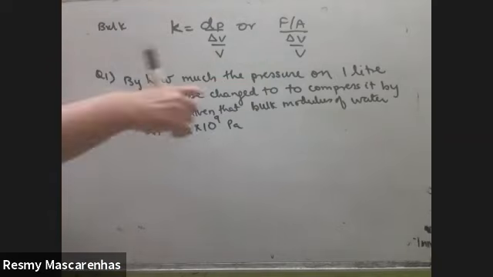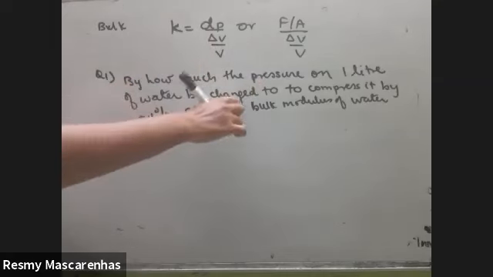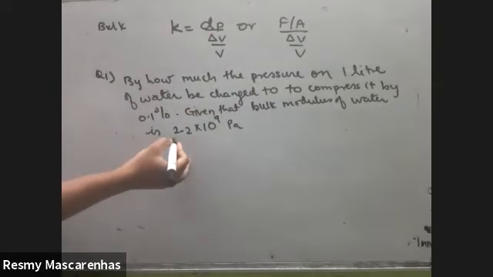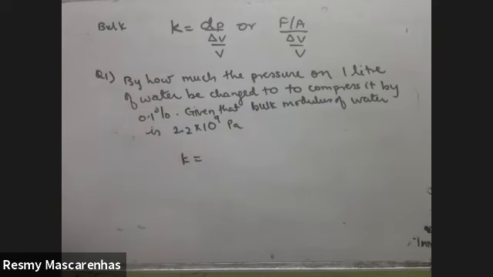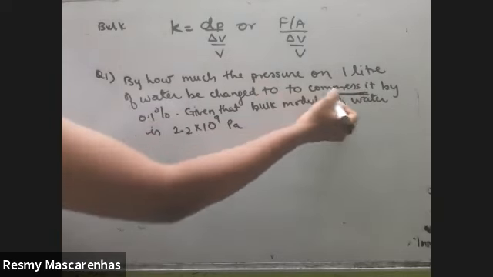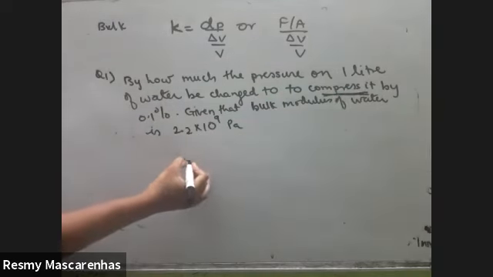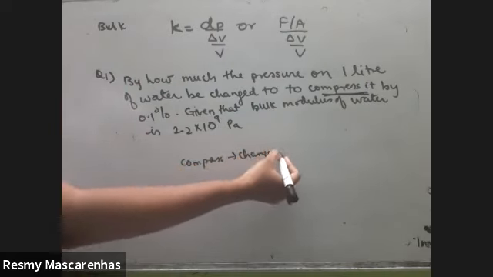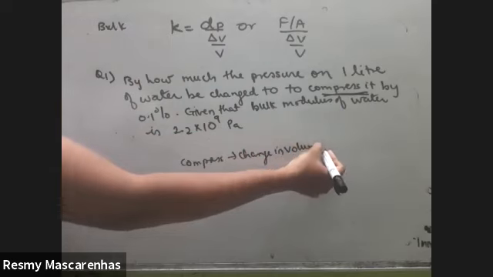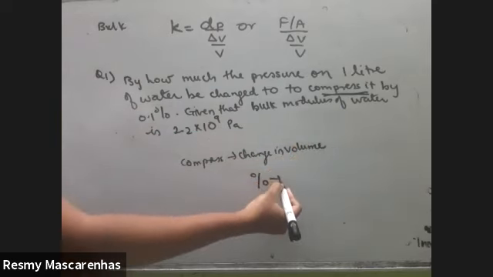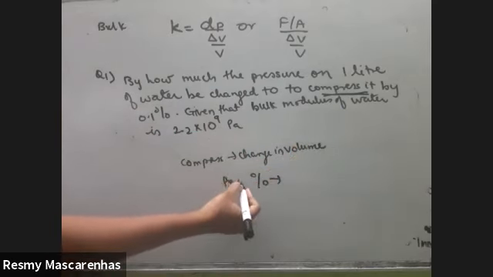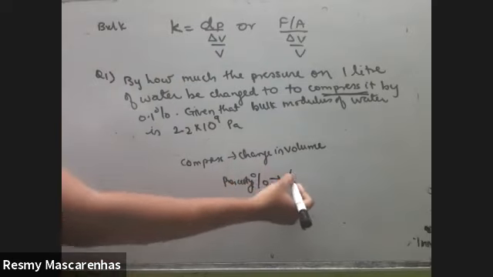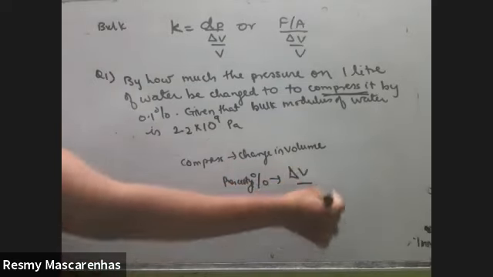So the formula, definitely in terms of pressure, the change in the pressure has been asked to calculate. Bulk modulus is already given. And compress means there's a change in the volume. Now whenever they give it in terms of percentage, remember that it's always delta V upon V together.